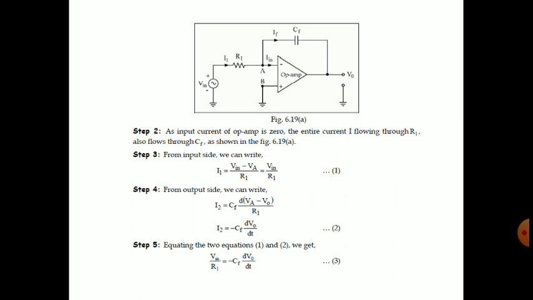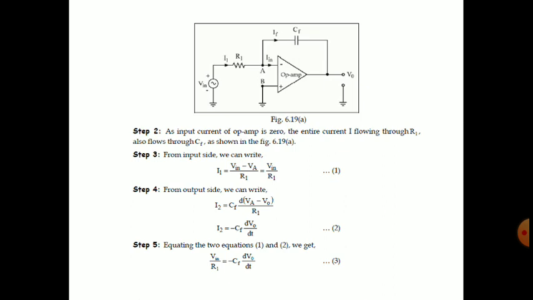From the output side we can write I2 is equal to, from the capacitance formula, current through the capacitance, C into dV by dt, where voltage is equal to VA minus V0.